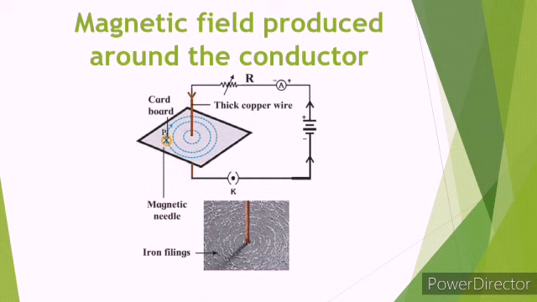When we switch on the circuit, current starts flowing through the circuit. Now keep a magnetic compass needle at different places around the straight conductor. It will show different directions. Mark these directions with a pencil.